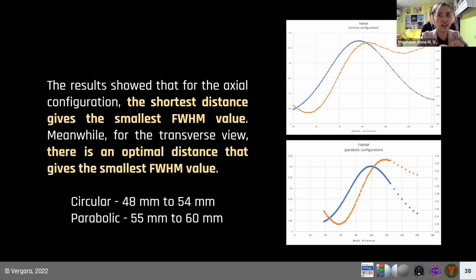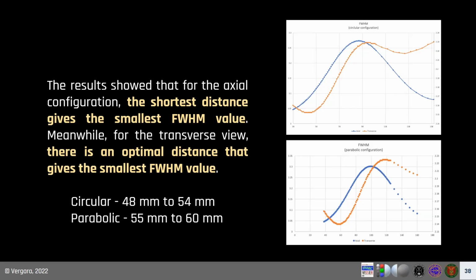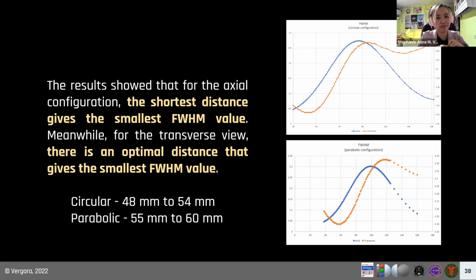Tapos, medyo hindi ko rin po alam yung context in other worlds, pero I think yung best telescope po ngayon ay yung James Webb Space Telescope. Segmented. Which is a segmented telescope. Okay.